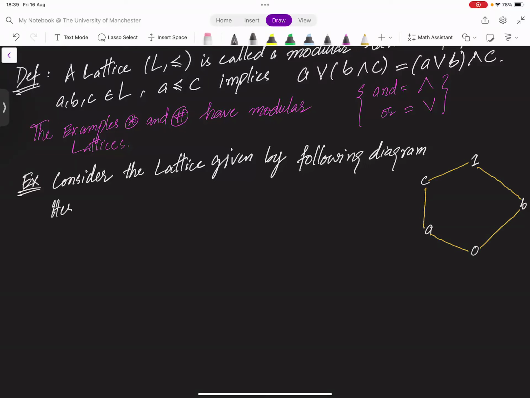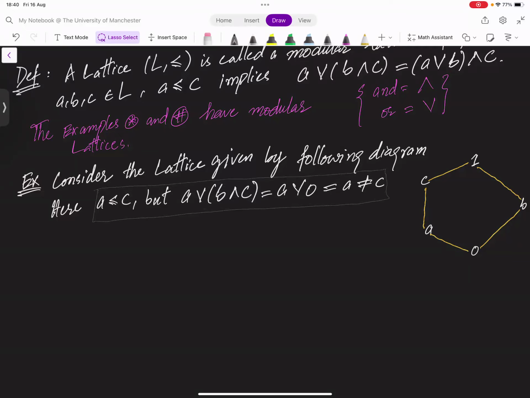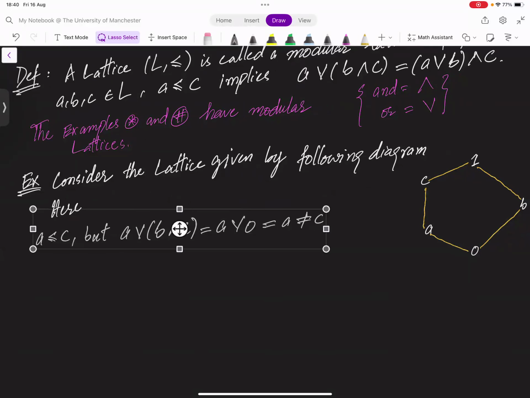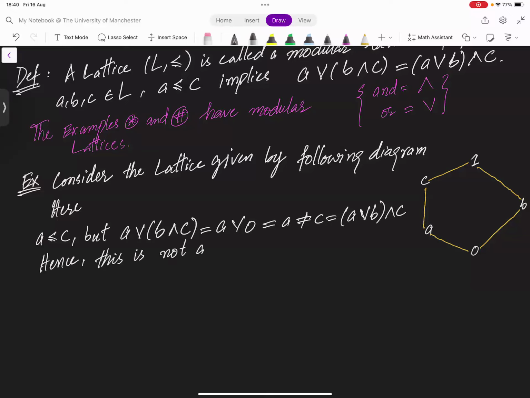Now here, A is less than or equal to C, but A or (B and C) is A or 0, which is A but not C. And (A or B) and C, where C is... Hence, this is not modular.